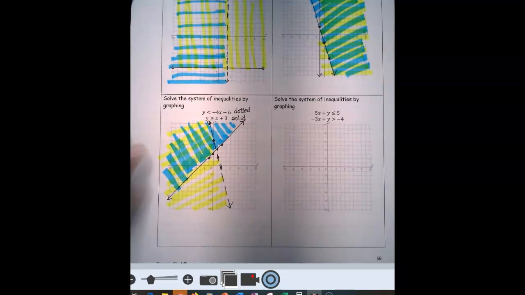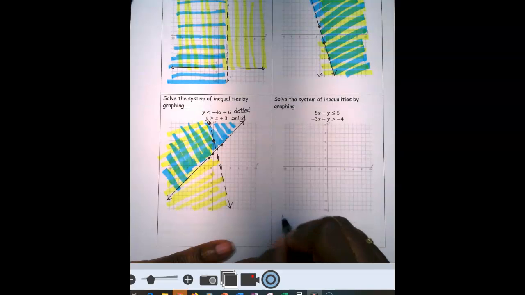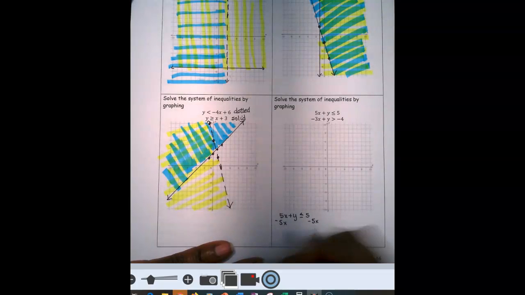Let's do the final one here. Now what I suggest is that you take both of these equations and you change them to slope-intercept form. It's a lot easier to graph that way. So we've got 5x plus y is less than or equal to 5. We're going to subtract 5x from both sides of the equation.